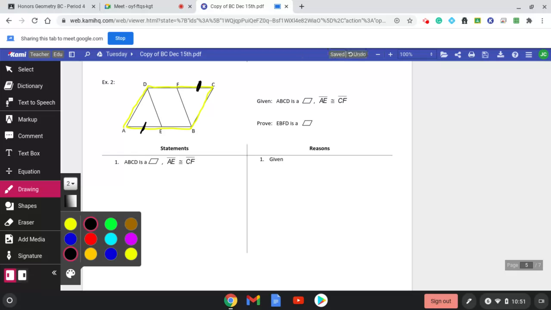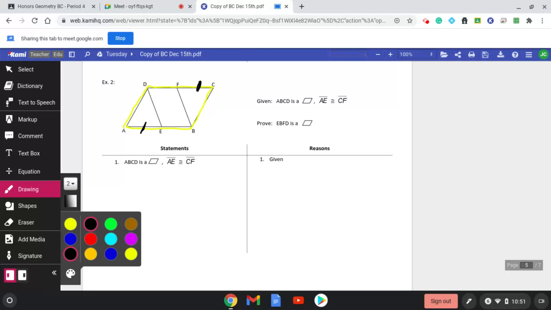All right. So now here's where the mindset is. EBFD. Can I get a pair of sides congruent? Can I get a pair of sides parallel? That's probably where you want to start. Can anybody see how any pairs of sides could be parallel or congruent here? And remember, ABCD is a parallelogram, so maybe you can use some properties there.